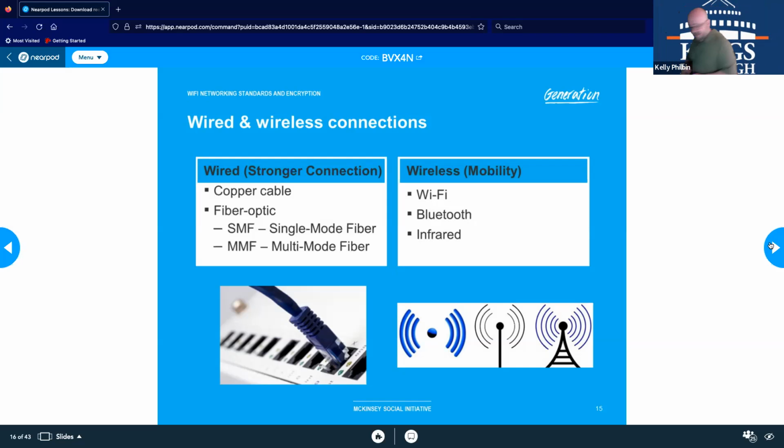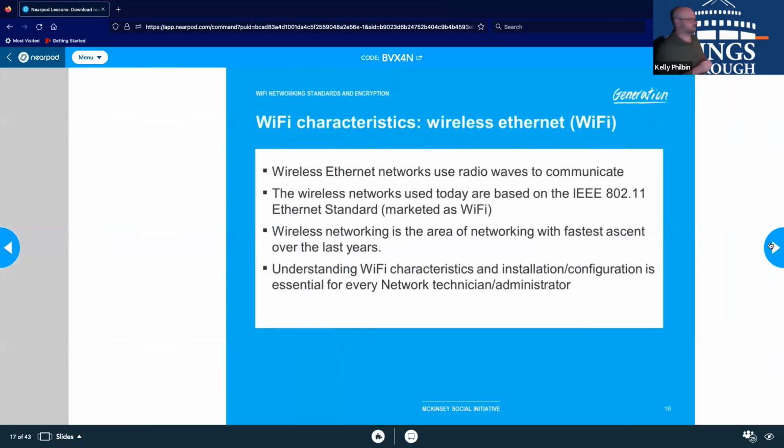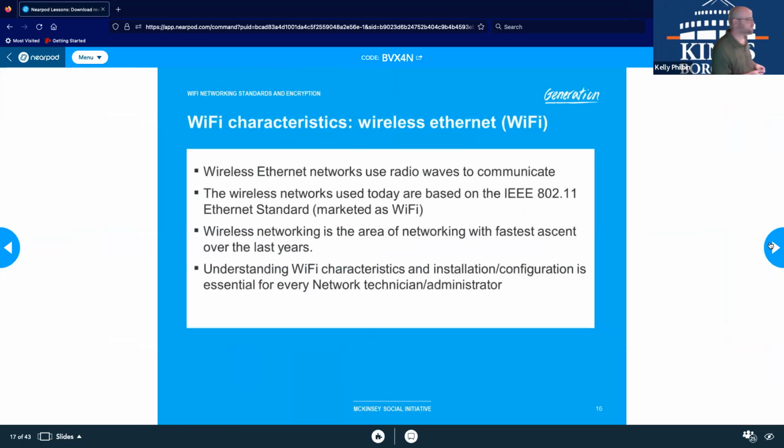And then wireless, we've got Wi-Fi, Bluetooth, and infrared. I think they are rolling off infrared from the standards that we need to be aware of, because it is very much a legacy technology that's very rarely used anymore, even with remote controls. But we'll still at least be somewhat aware of it.